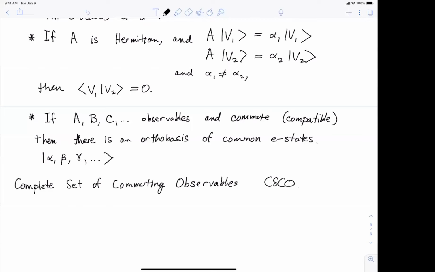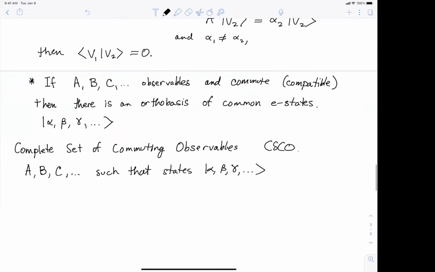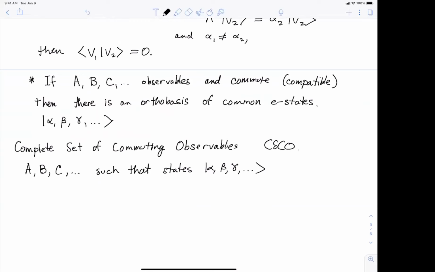That's just a list of such operators such that the states have no degeneracies. That means if I label the states by their eigenvalues, it's uniquely determined what the state is. So this has no degeneracies, and is uniquely determined.